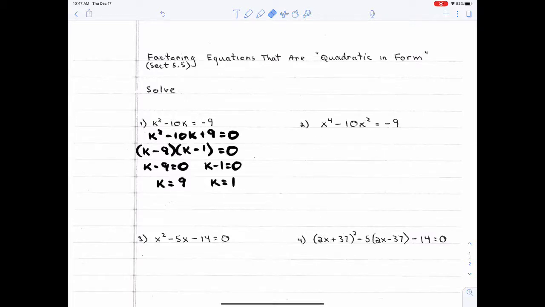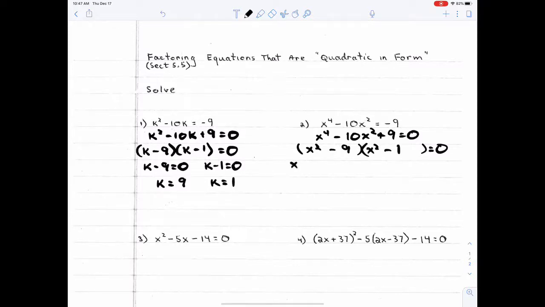Okay? Again, it's a trinomial. So we look at the first term, last term, check with the middle. So x squared times x squared gives us x to the 4th. Minus 9 and minus 1 gives us 9.